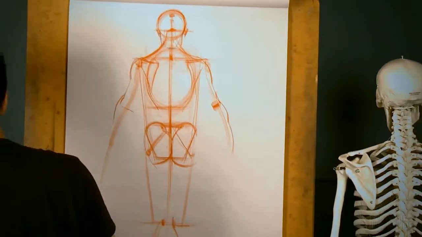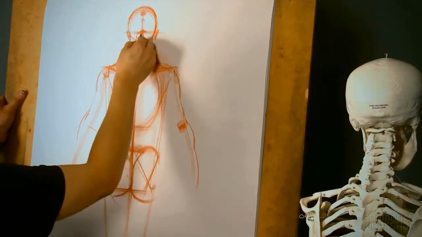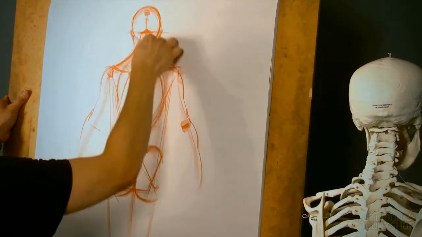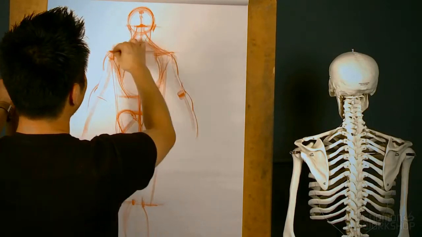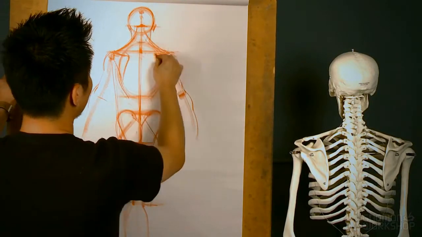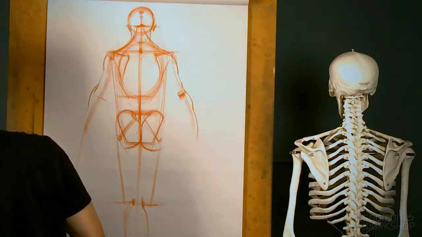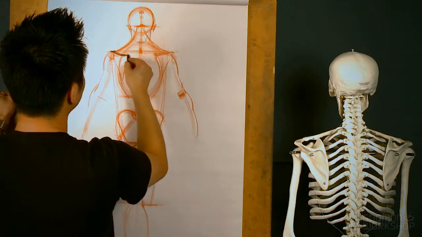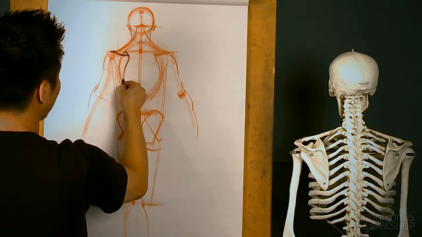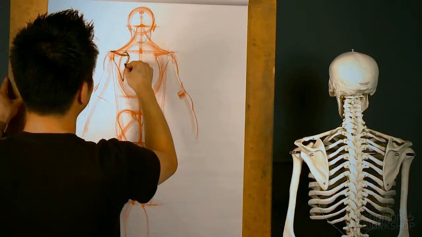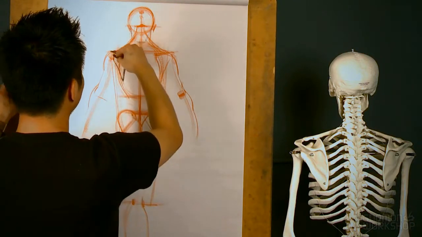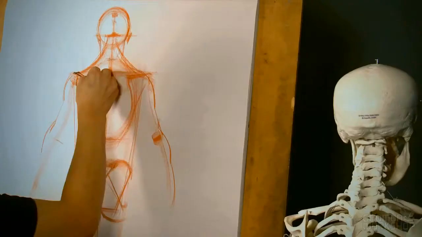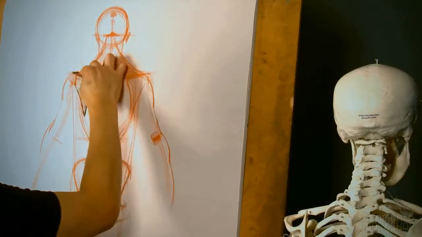Again, this triangle shape comes from the back of the cranium. We call it the trapezius muscle. Again, it's a triangle shape. It's going to sit right on top of the shoulder girdle, the shoulder blade. Let me draw the shoulder blade. You can see it has this neat shape to it. It looks like a triangle. We're going to come over on this side like this.